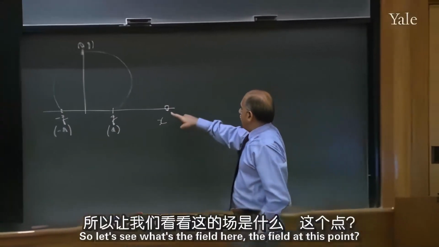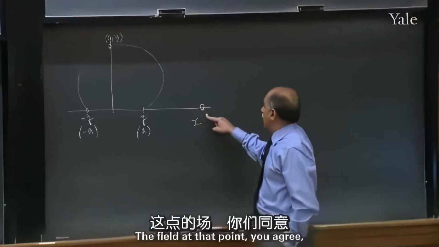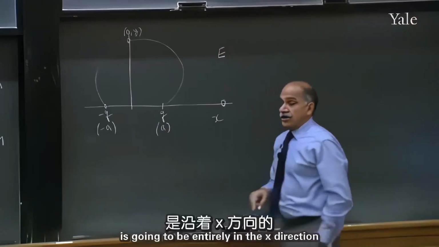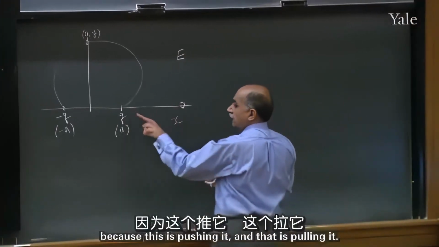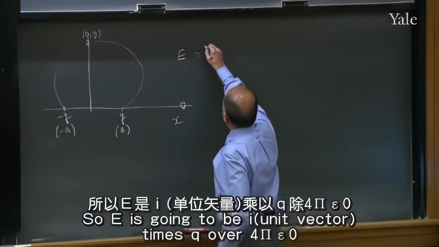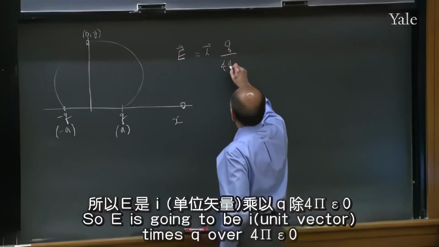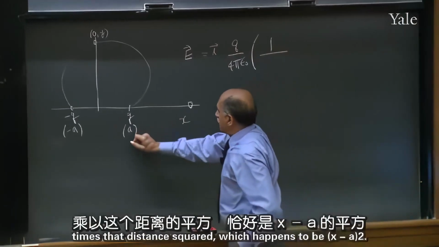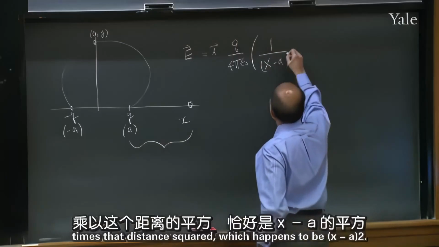So let's see what's the field here. The field at that point, you agree, is going to be entirely in the x direction because this is pushing it, that is pulling it. So E is going to be i unit vector times q over 4 pi epsilon 0 times that distance squared, which happens to be (x minus a) squared.